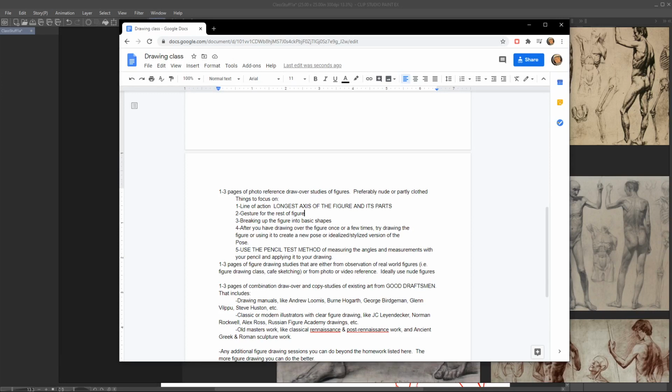And I want you to work from the longest axis into creating the gesture. And I want you to break up the figure into basic shapes. That means cubes, cylinders, spheres. Cylinders especially.